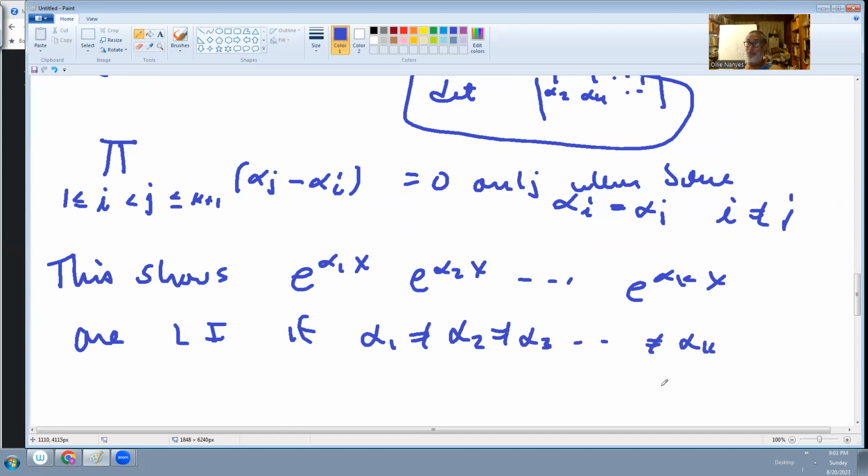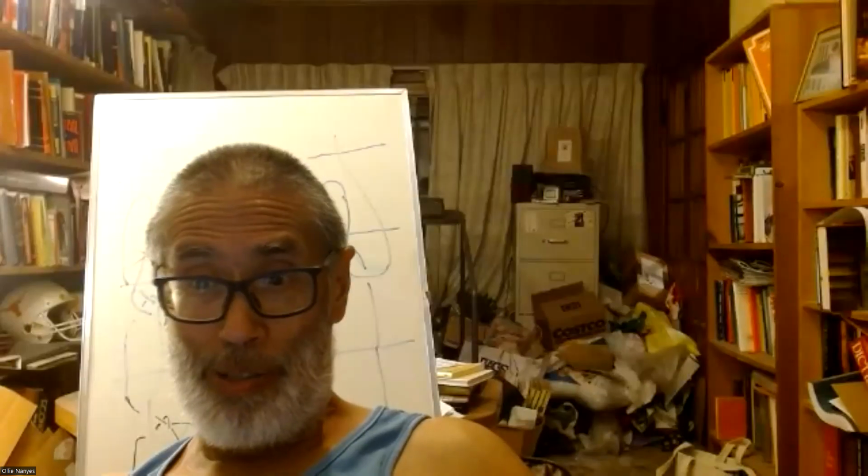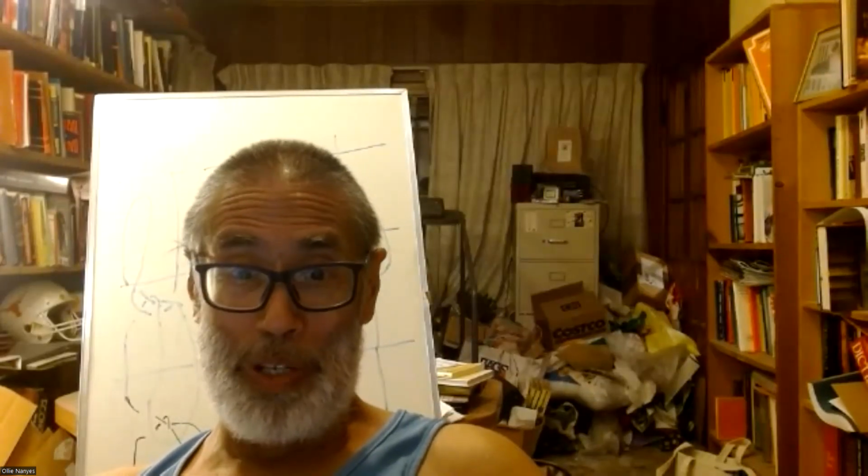And now, to complete the proof that this is actually an uncountable basis, and this is what I'm not going to prove here, we assume the reals are uncountable. And that's pretty much an established fact of mathematics. So that's what I have on this. It's a little bit rough, but thanks for watching.